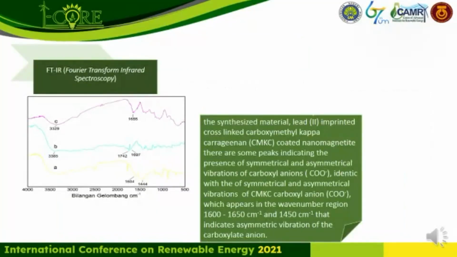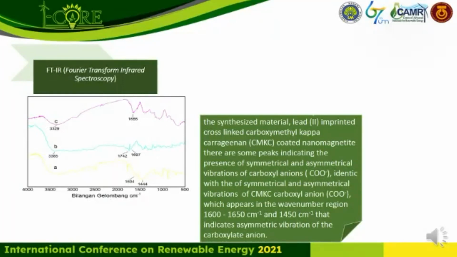The synthesized material is lead-imprinted cross-linked carboxymethyl kappa-carrageenan coated nanomagnetic. There are some peaks indicating the presence of symmetrical and asymmetrical vibration of carboxyl anion, identical with the symmetrical and asymmetrical vibration of carboxymethyl kappa-carrageenan.